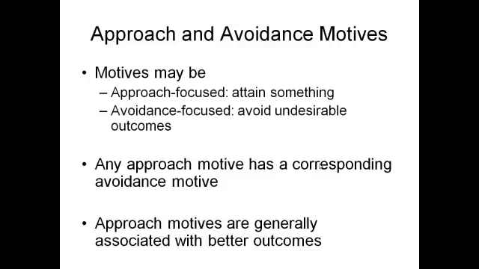So again, if you think about motives in those respects, there are motives that want us to approach something and others that want to make us avoid things. As an example, let's take a look at the need for achievement, especially as we're talking about college students here. Basically, if you have an approach motive as a college student in terms of your academic success, you want to achieve that success.